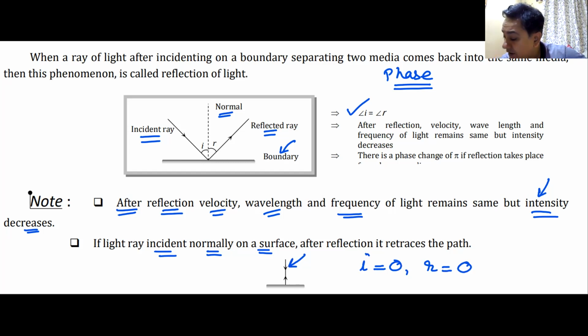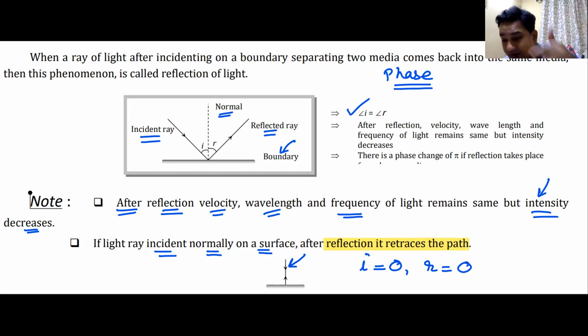Or we say it in a different way. After reflection, the light will retrace its path. So remember, this is a very important thing. When does light retrace its path?